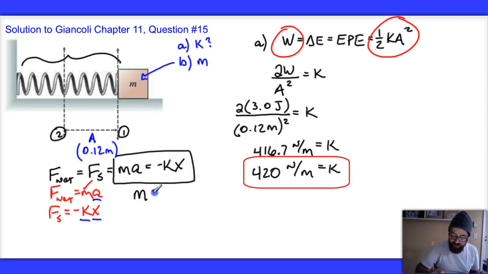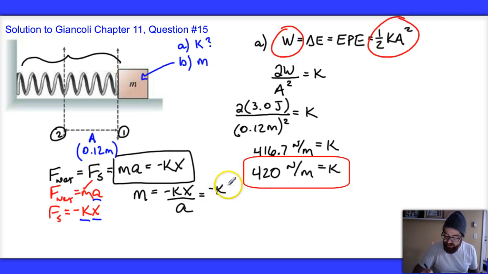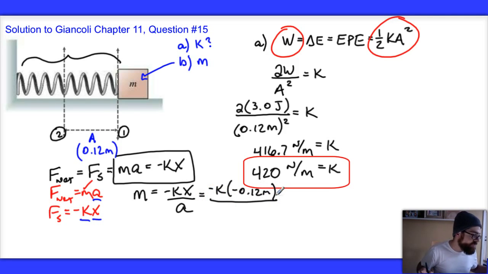Solving for m, I get negative kx divided by a. Now my displacement is to the left, so that x, or A if I decide to use that variable in place of x because it's a maximum value, is going to be 0.12 meters to the left, negative 0.12 meters. And I'm going to divide that by my maximum acceleration, which was again given to me in the problem. It's 15 meters per second per second.